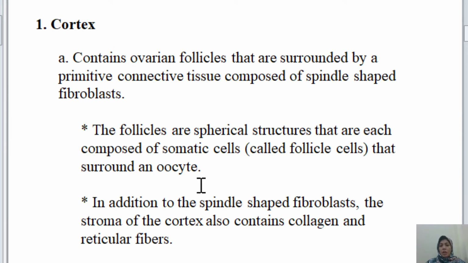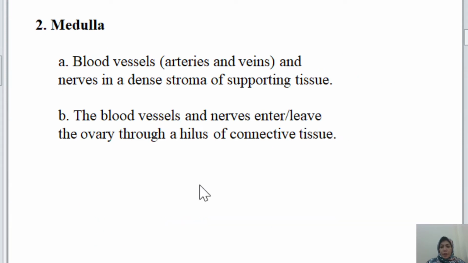In addition to spindle-shaped fibroblasts, the stroma of the cortex also contains collagen and reticular fibers. And the cortex has closely packed spindle-shaped cells which are arranged in a whorl-like pattern.